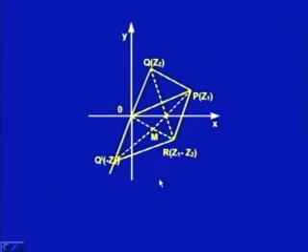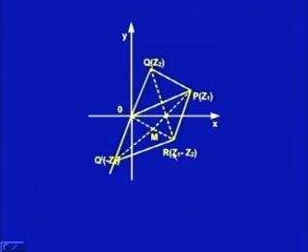So, we can refer to this figure. This q is represented by the complex number z2 and this q dash represents minus z2.